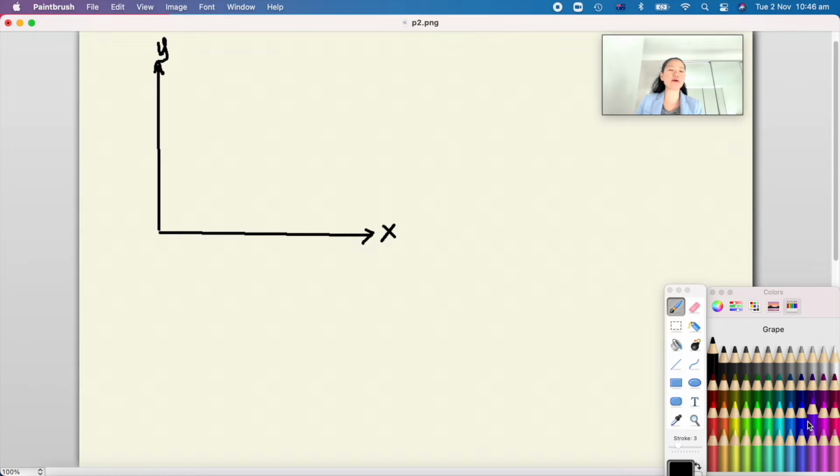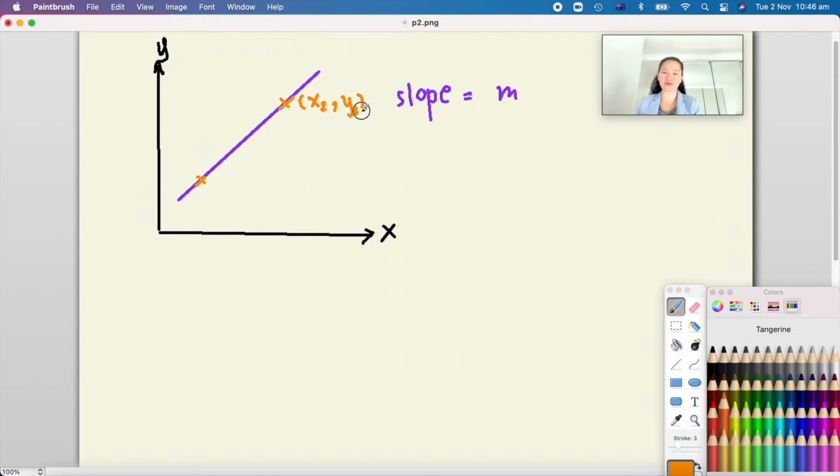For example, if you have a normal graph that looks like this, I want you to find the slope. What is the slope? Slope, or you call it m. Of course, the basic slope. How to find it? You could say this point is x2, y2, or you could start with the first one, x1, y1.